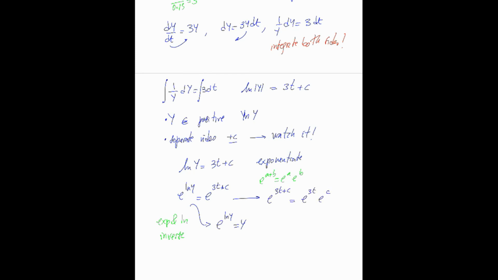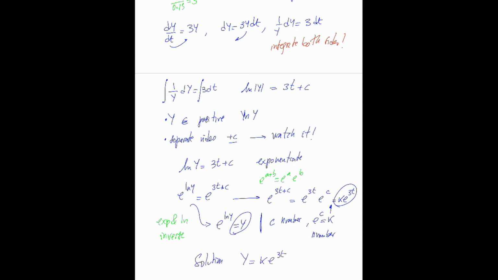Now c is a constant, so e to the c is a number also. The value will be different, but it's just a number, so we can call it k, and write this, it looks better, as k times e to the 3t. So recapping, the solution for our problem is the rent y equals k e to the 3t.